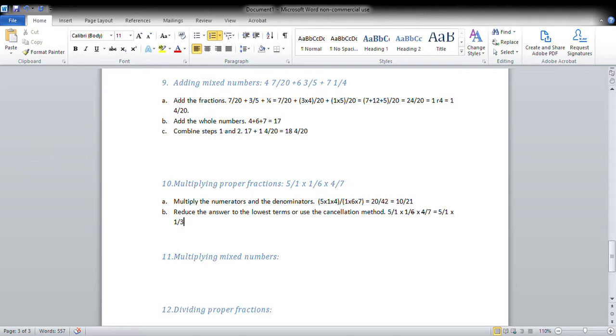So 1/6 becomes 1/3 times, and it only works if we also reduce 4/7 to 2/7 because we're dividing that. Honestly, the book teaches this method. I don't recommend it. It's just too easy to get turned around. But we come up with the same answer.